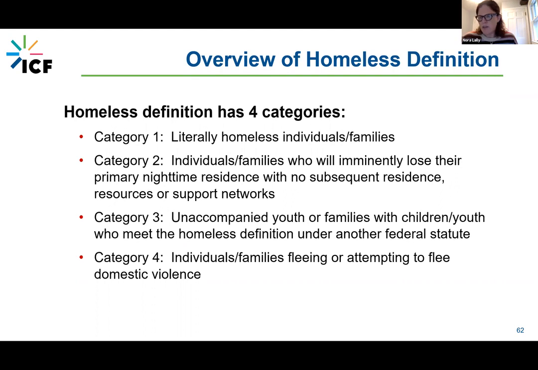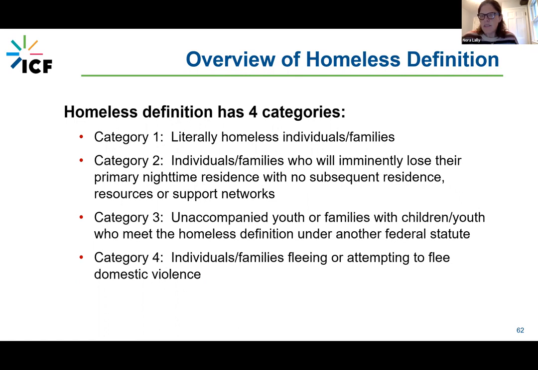And when we talk about losing housing within 14 days, this could be either housing that is owned, rented directly from a landlord, housing that's shared with others, or living in a hotel or a motel that is not paid for by a program or by someone else.